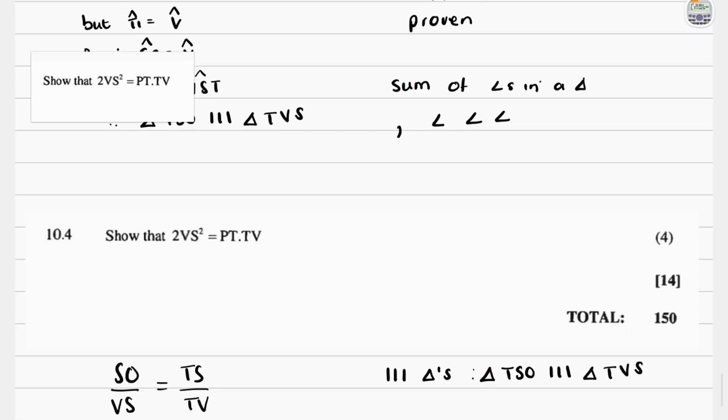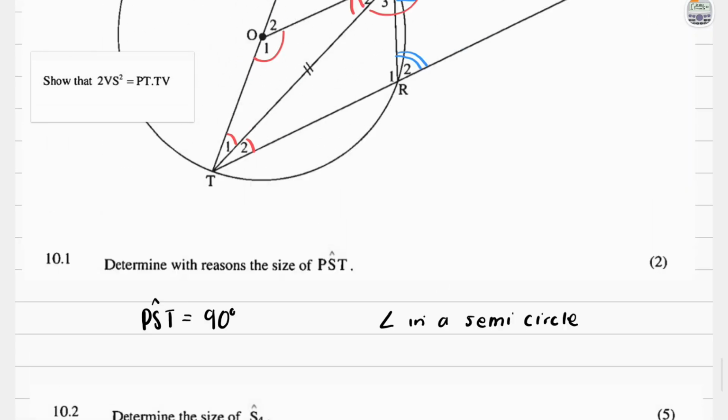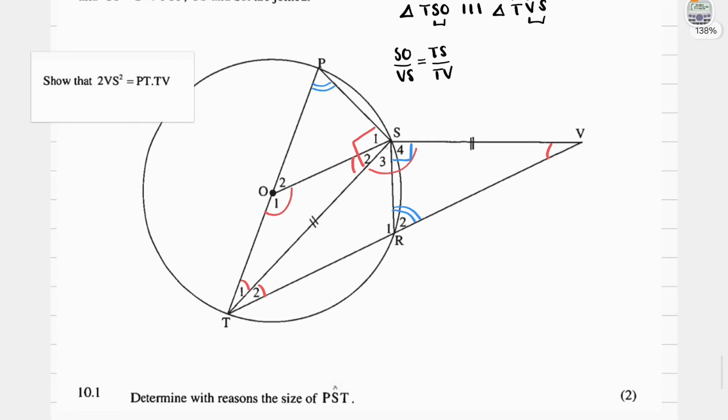It needs to somehow relate with PT, because that's what we have there. So SO is over here. And what is its relationship with PT? Do you see how PT is a diameter, SO is a radius? So it means that PT is twice the size of SO, or we can basically say that SO is half the length of PT.